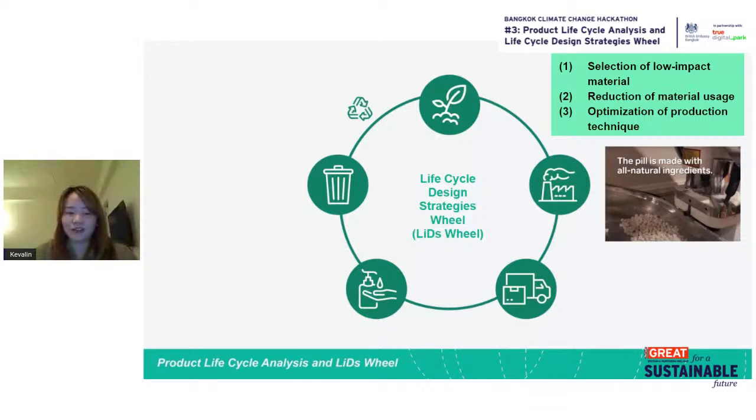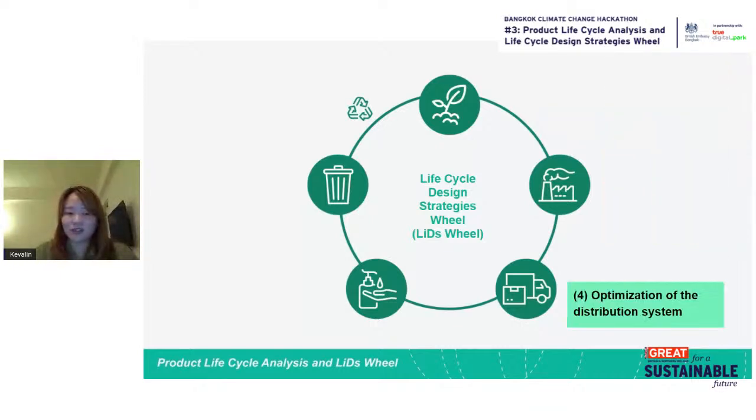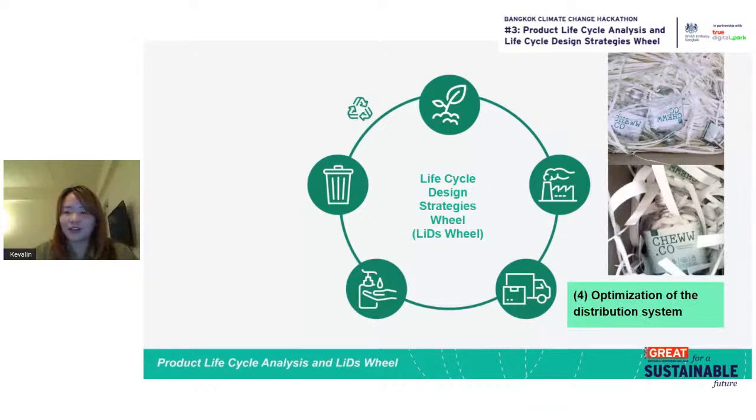But to be clear, we cannot completely control all ingredients. On the other hand, we can cut 100% water usage from our production process. Next in line is the distribution phase, in which the fourth strategy is recommended: optimization of the distribution system.